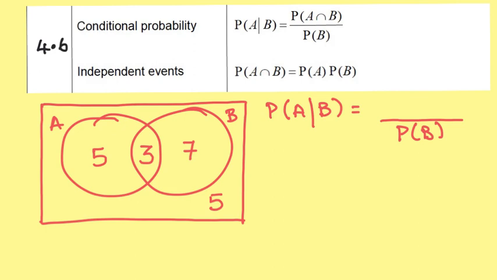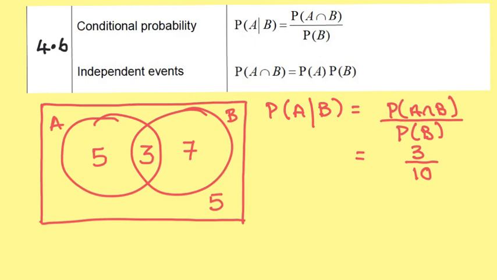And I want to know, what is the probability that they like apples knowing that they like bananas? Well, that is the intersection, the probability of A intersection B. So in this case, it is 3 out of 10.